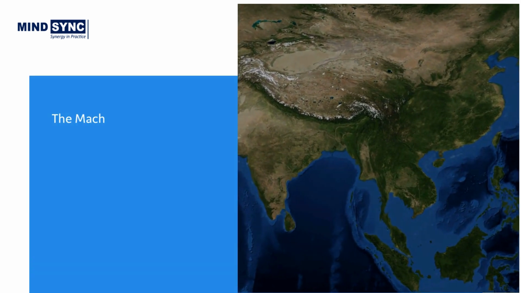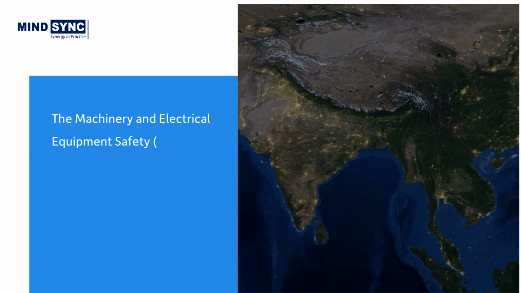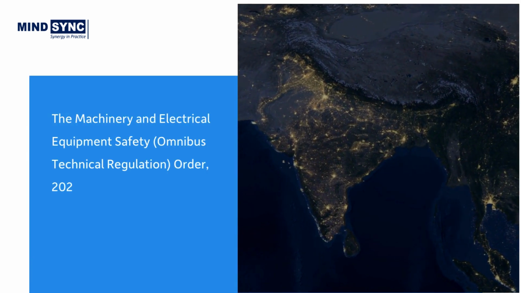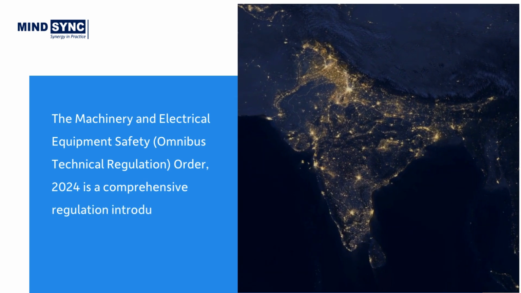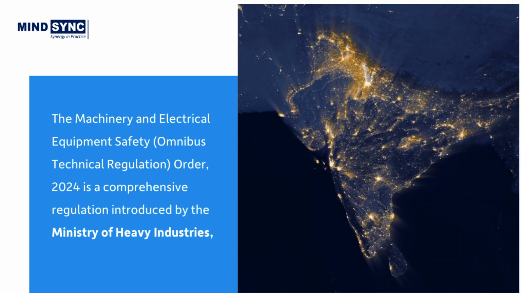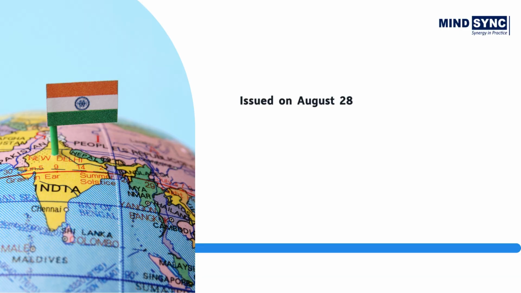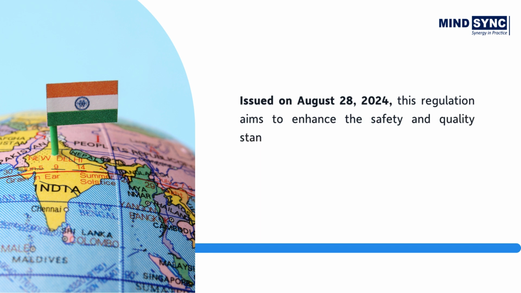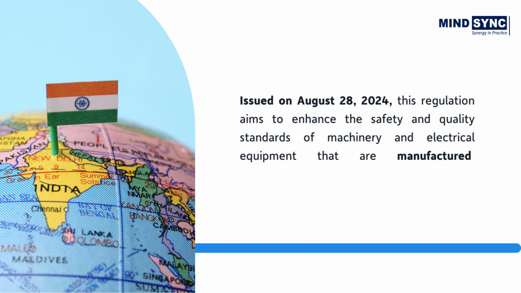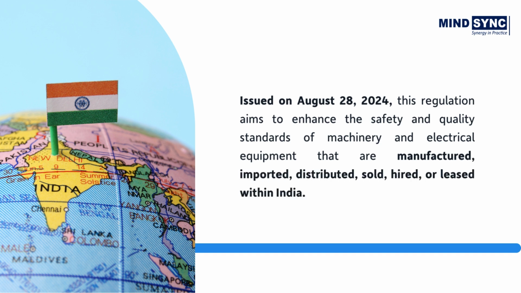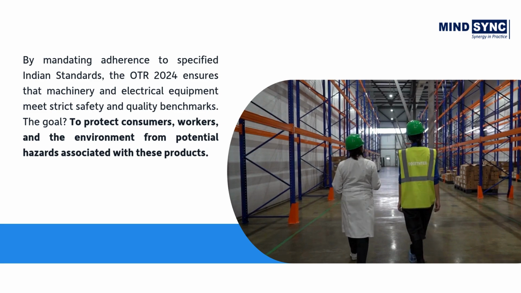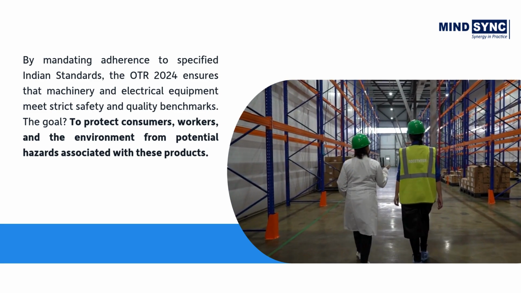The Machinery and Electrical Equipment Safety Omnibus Technical Regulation Order, 2024 is a comprehensive regulation introduced by the Ministry of Heavy Industries, Government of India, issued on August 28, 2024. This regulation aims to enhance the safety and quality standards of machinery and electrical equipment that are manufactured, imported, distributed, sold, hired, or leased within India, by mandating adherence to specified Indian standards.